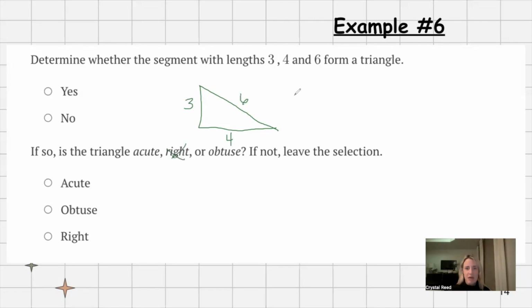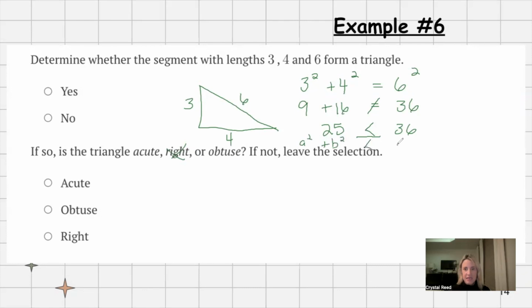And so we're going to use Pythagorean theorem. So 3 squared plus 4 squared equals 6 squared. 9 plus 16 equals 36. 9 plus 16 is going to give us 25. So 25 is obviously not equal to 36, but what is it? The combination of a squared plus b squared is less than the c squared.